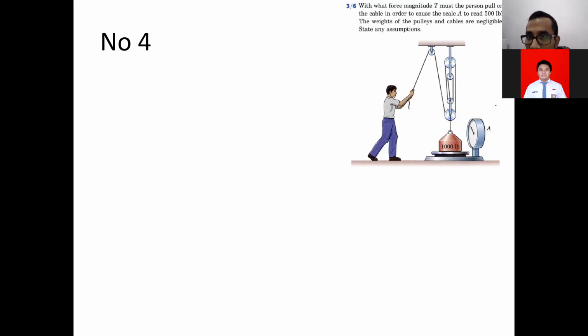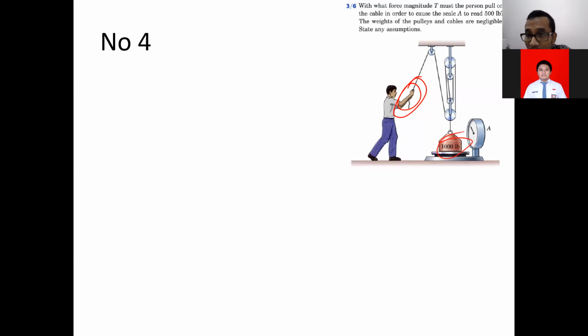the pulling force here, T, the tension force that the person must give to the rope there, in order for us to get the reading at the weighing machine of 500 lbf. But remember, the actual weight there is actually 1000 lbf.